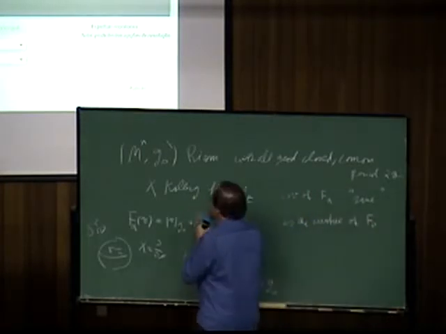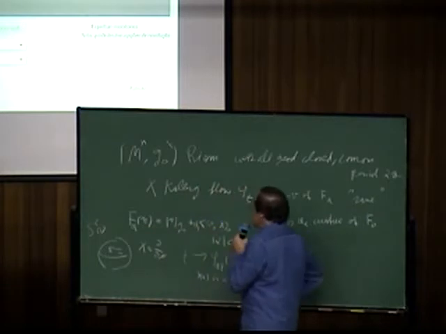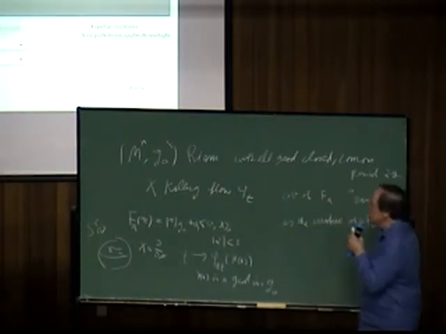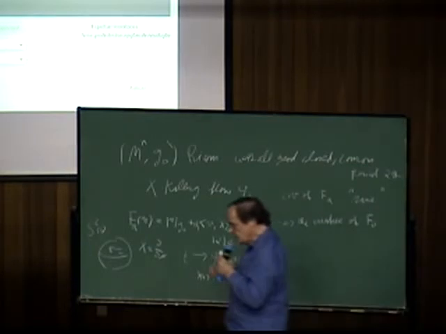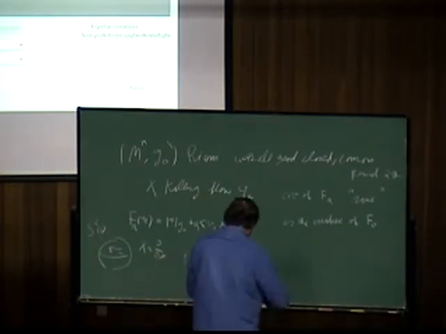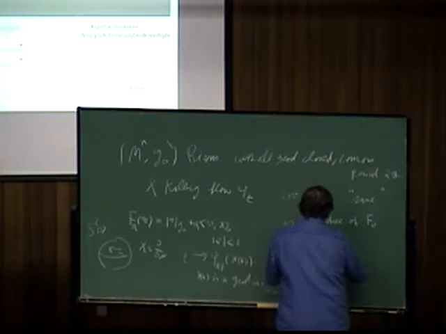This is due to the fact that X is Killing. I don't even need this condition. It has nothing to do with closed geodesics. And this was, I think, in this generality first observed by Foulon.